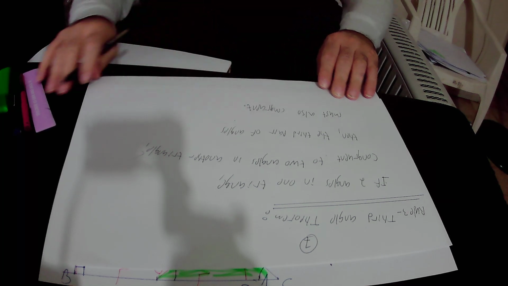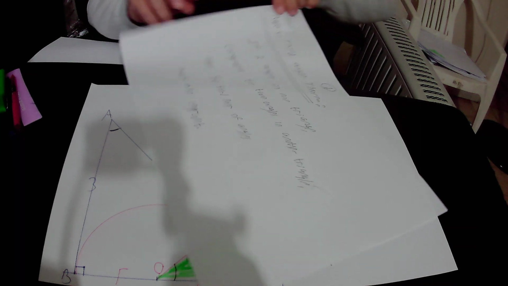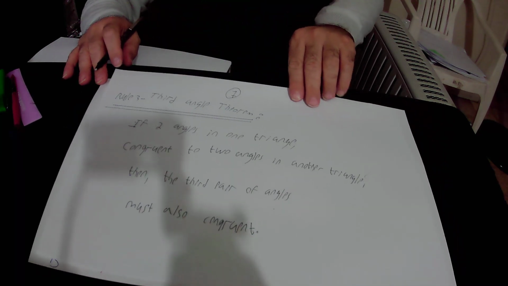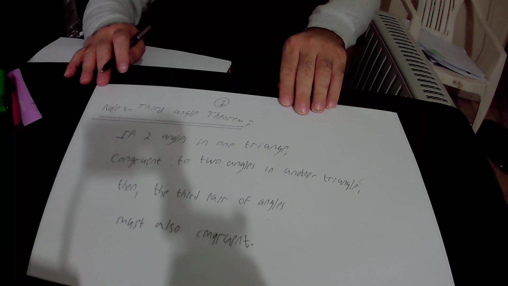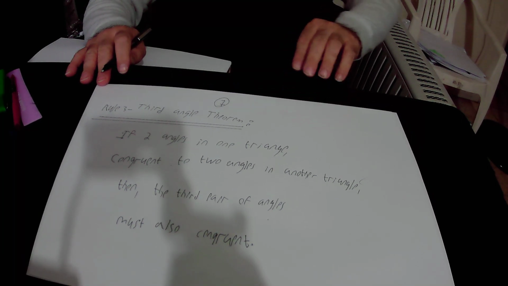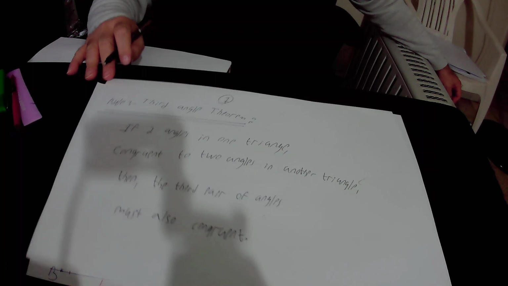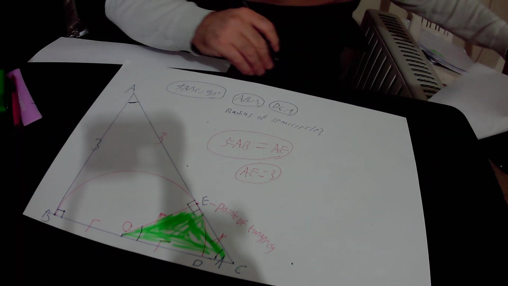So I will read rule number 3, or the third angle theorem, again. According to the third angle theorem, if two angles in one triangle are congruent to two angles in another triangle, then the third pair of angles must also be congruent. So what is the meaning of the third angle theorem, or rule number 3?